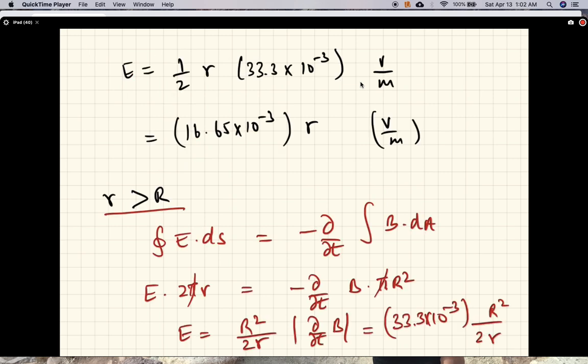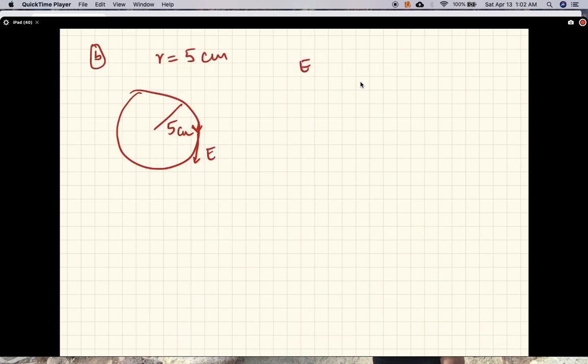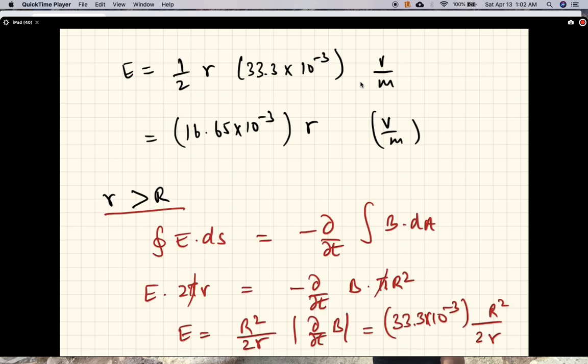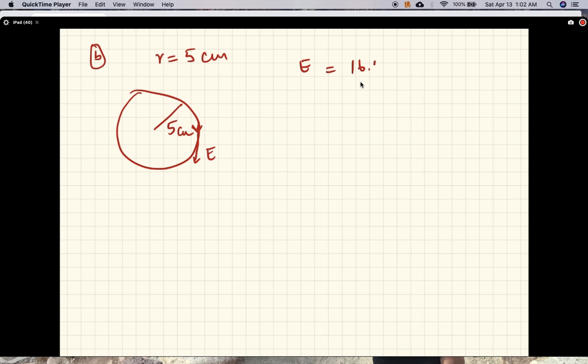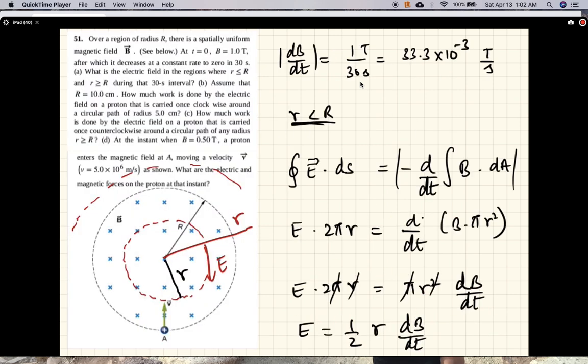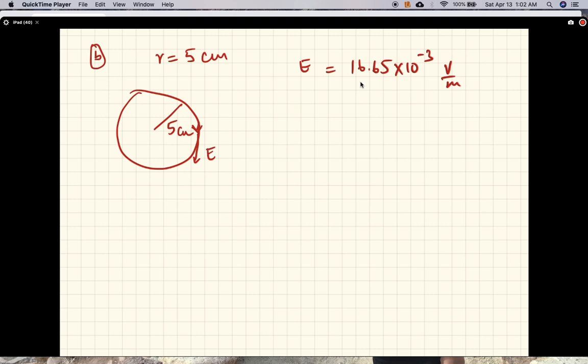Okay, let's look up the expression for the electric field. The electric field is equal to 16.65 times 10 to the minus 3 r volt per meter, and the work done is force times distance.